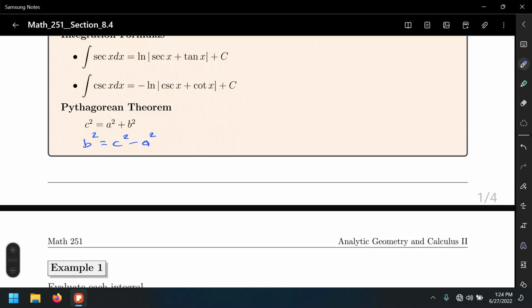All right? Well, if we solve for c, we're going to have the square root of a squared plus b squared. And on the other hand, if we solve for b, we're going to have the form c squared minus a squared. This is the only thing that we need to understand.